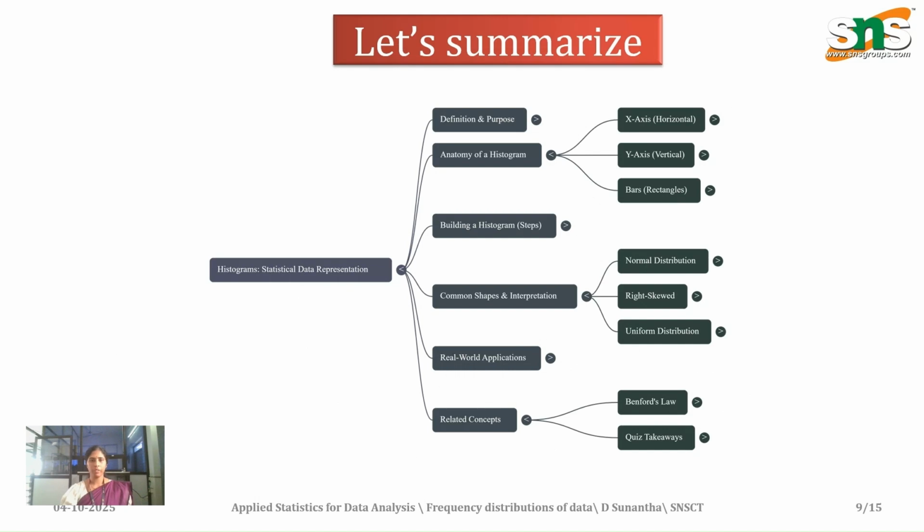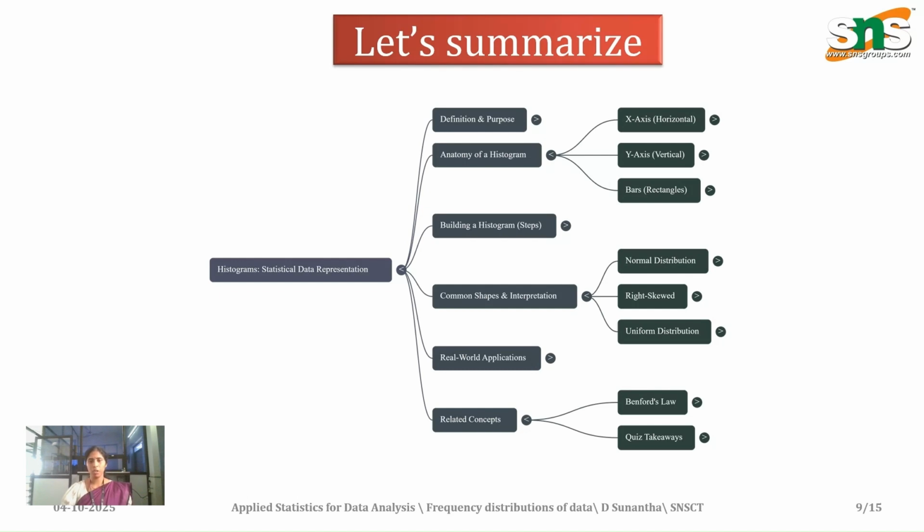A histogram is one of the statistical data representation methods which falls under graphical representation. First we have seen the definition and the purpose of the histogram, which is used to visualize the data. Next, the anatomy: what we plot in the x-axis, what we plot in the y-axis, and that histograms are made of bars.